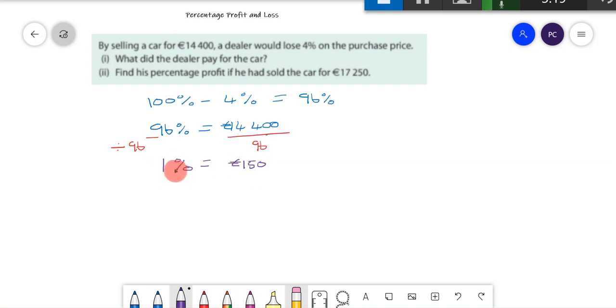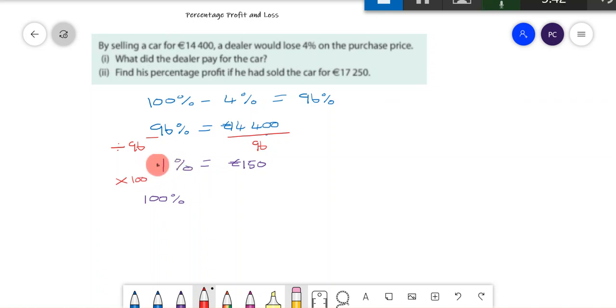Now we want to bring this back up to 100%. So we want to work out what is 100%. How do we do that? What do I multiply this 1 by to bring it up to 100? Well, I have to multiply it by 100.